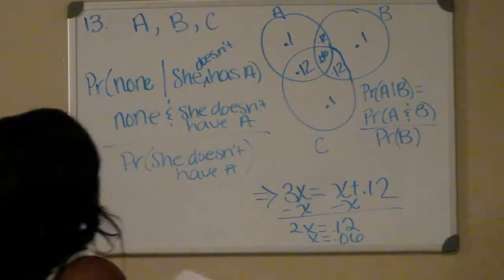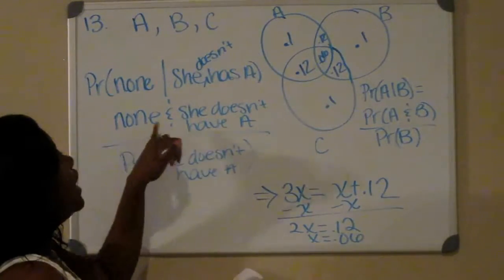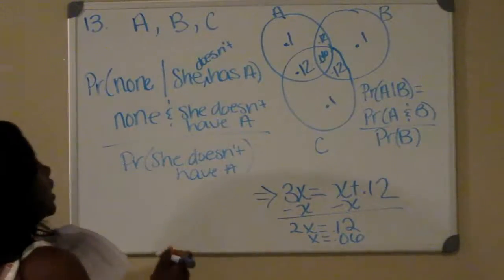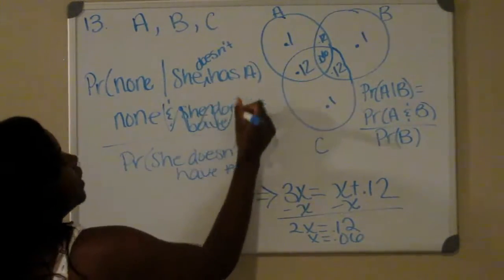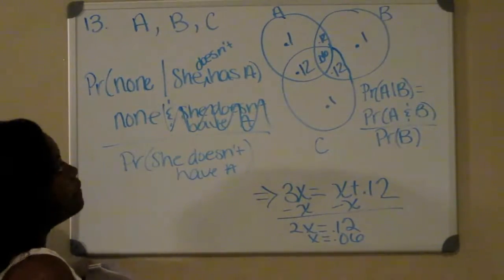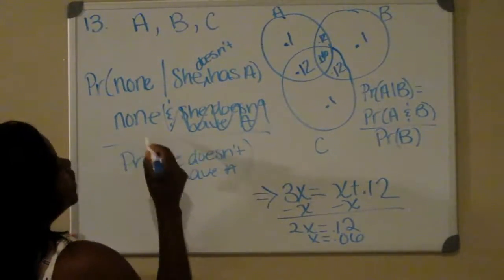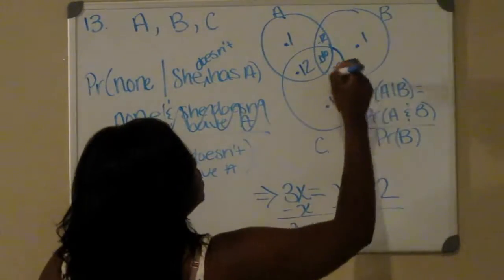Alright, so she doesn't have any of the 3 and she doesn't have A. It's basically the same thing as saying she has none of the 3. So this part is just redundant. Divided by the probability that she doesn't have A. Okay? So let's figure out what none is first. To figure out what none is, none will be everything outside of the circle.